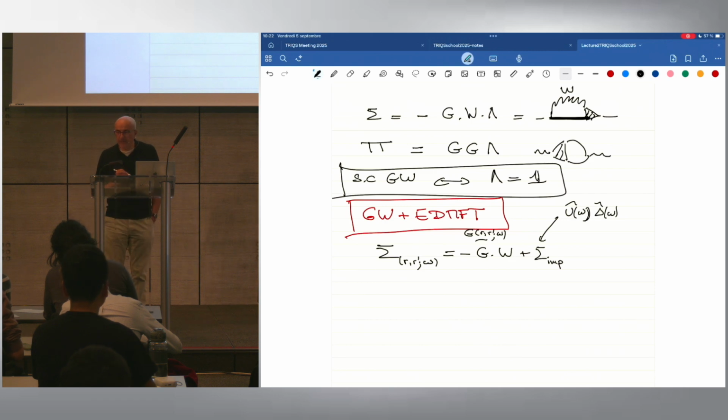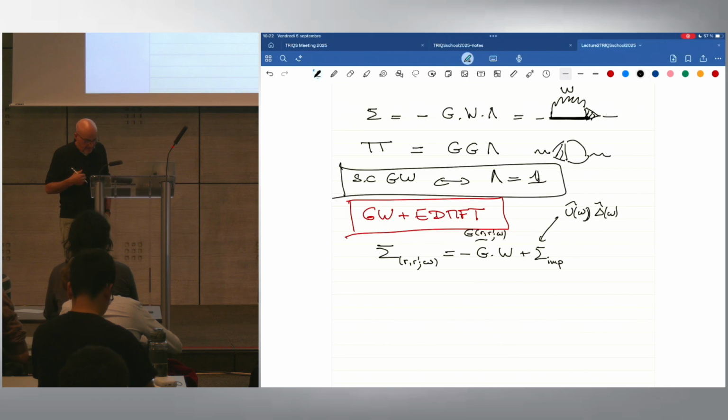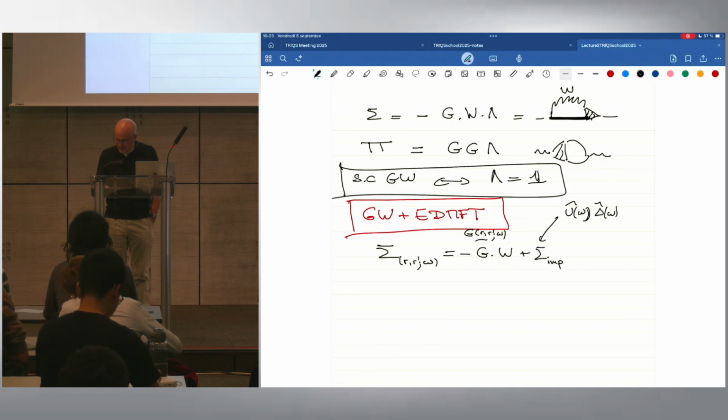And of course, when we do that, we have double counted some stuff, right? But we know what to remove. What we need to remove are the diagrams or the perturbative contribution that would happen in the impurity problem if we were to treat the impurity problem at the level of a local GW approximation. So we have to remove minus G local, W local.